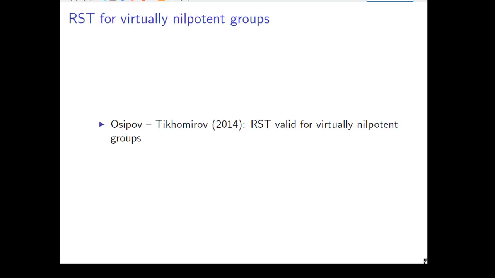Just recently, but I know that they did not know this Gromov result when they wrote this paper, it was published later, that the reductive shadowing theorem is valid for virtually nilpotent groups.